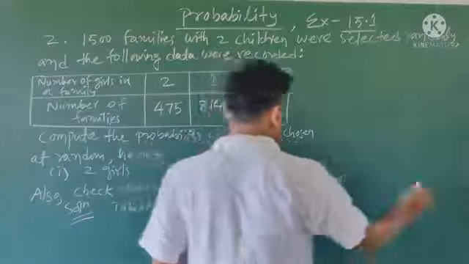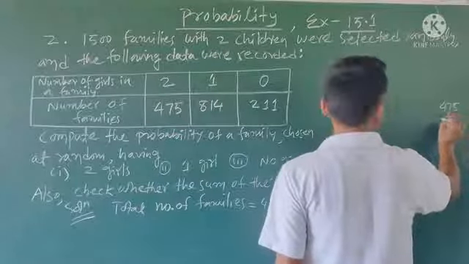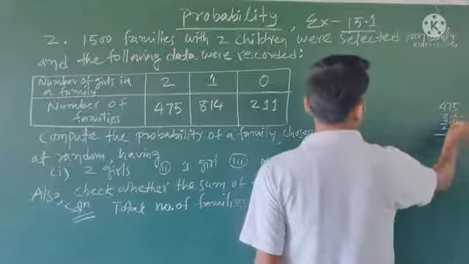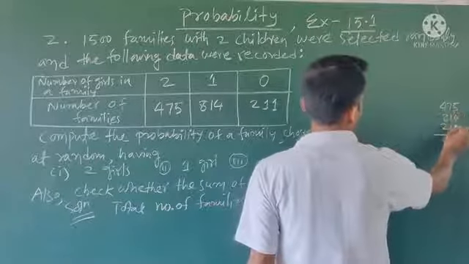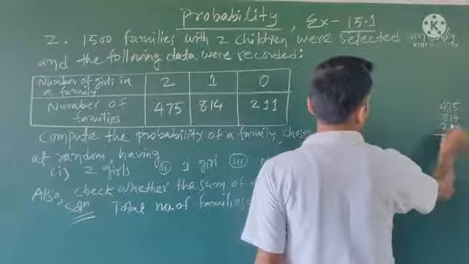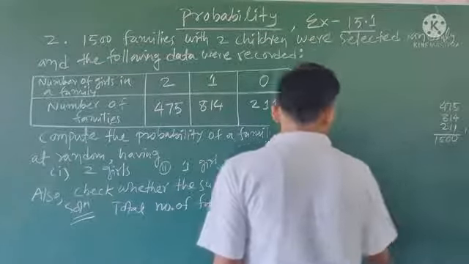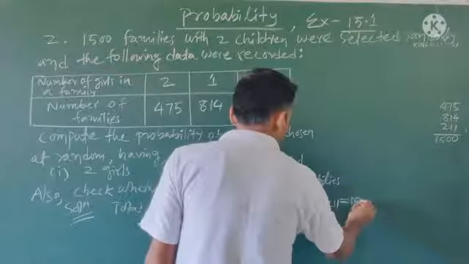You add these three. 475, 814, 211. 5 plus 4 is 9 plus 1 is 10. 1 in hand. 7 8 9, again 10, 1 in hand. 2 plus 8 is 10, 14 plus 1, 15. So total number of families is how much? 1500.